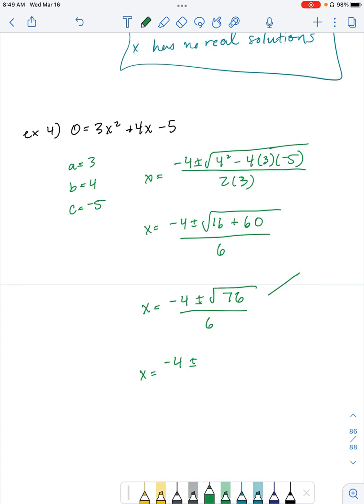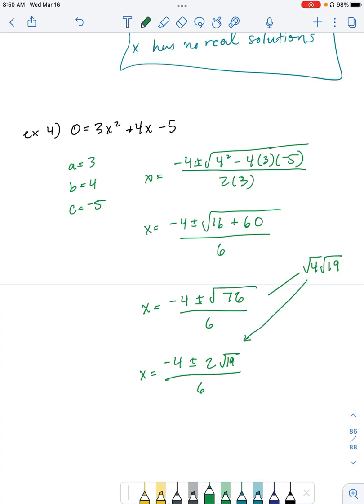That should be 4 times 19. So we are actually taking the square root of both of those. And the square root of 4 is 2. And the square root of 19 is irrational, so we leave it. And then over 6.